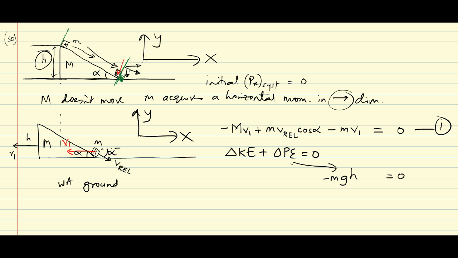If small m manages to reach that position, then of course we can say that the height difference is between this point and this point, that's h. The Cm as well as all particles of small m have dropped by h. Now that's not the case, the Cm has fallen by a bit smaller than h.